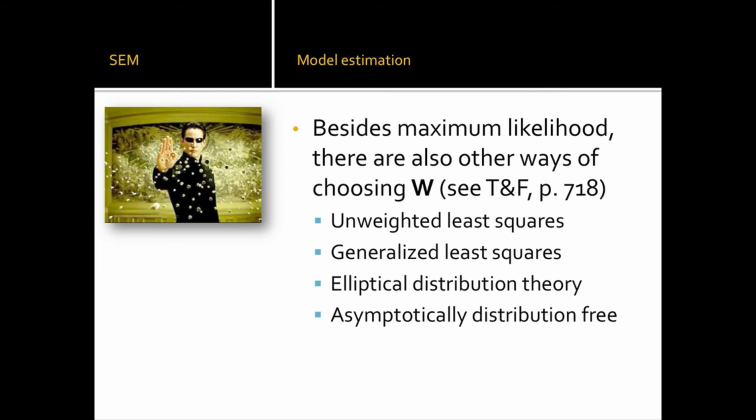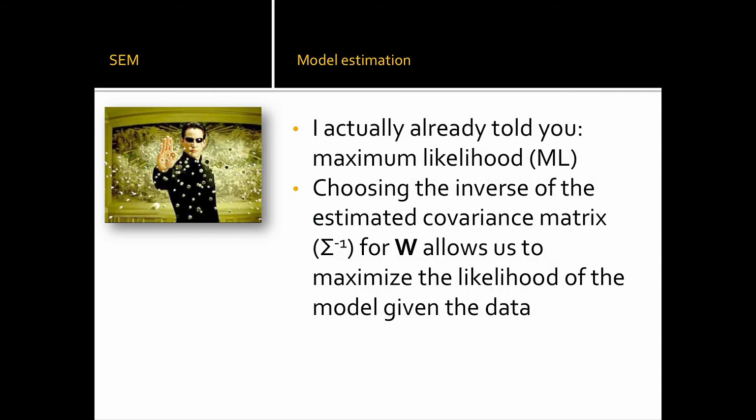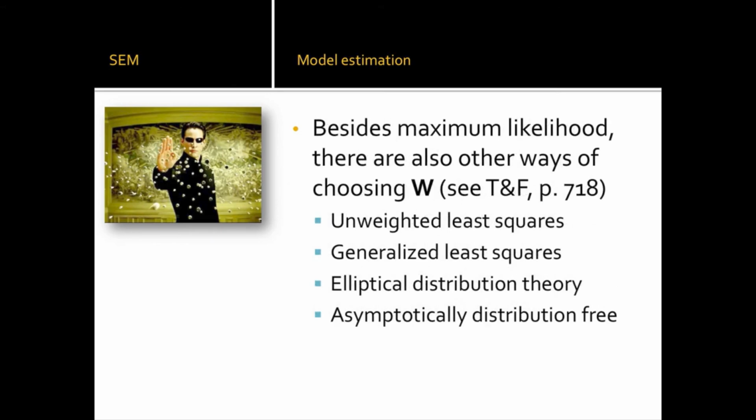So these methods are a way of giving yourself a chance to make your model match up to the data, and it's doing it in an objective way by virtue of maximum likelihood, which is most common. You're taking the inverse of the model estimated covariance matrix and using that for W. That's objective, right? These are other objective ways.